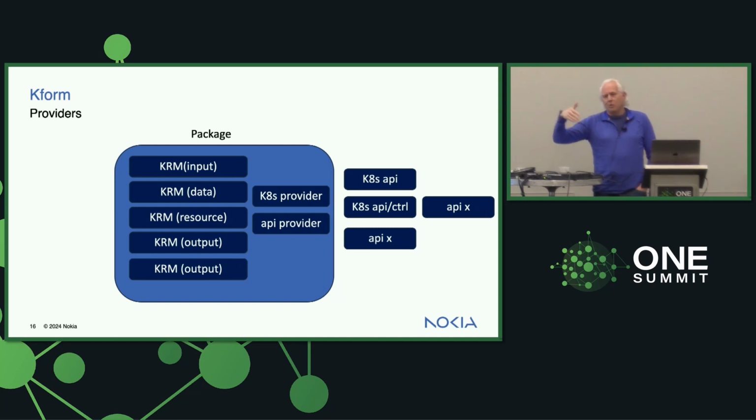For example, if you want to access a system that is not KRM based, how do you do that? You have basically two ways. You can either build a controller or a controller equivalent that maps that API into KRM, right? Or you can build a provider that is specific to that API. So you have both modes.